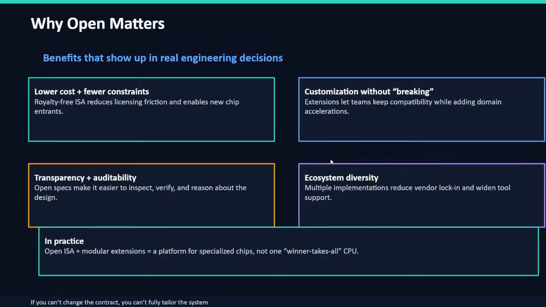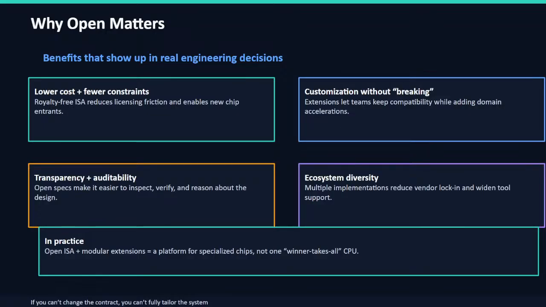Now, why does open actually matter? Because it changes real engineering decisions. First, cost and constraints. A royalty-free ISA reduces licensing friction and lowers barriers for new chip teams. Secondly, customization without breaking everything. You can extend the ISA while keeping standard foundations.